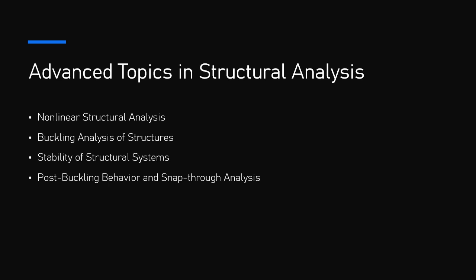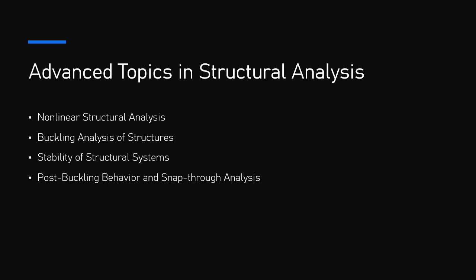Buckling analysis is essential to predict the load at which a structure becomes unstable and to design structures to avoid such failure modes. In buckling analysis, the primary goal is to determine the buckling load, the critical load at which a structure becomes unstable, and to understand the nature of the deformations that occur as the structure buckles. 10.1.